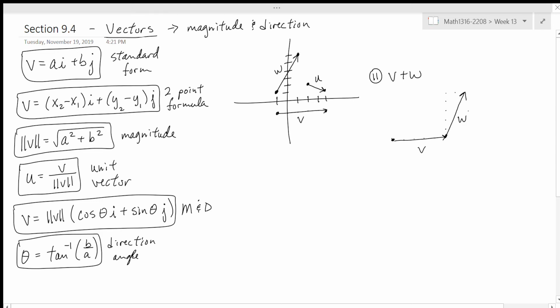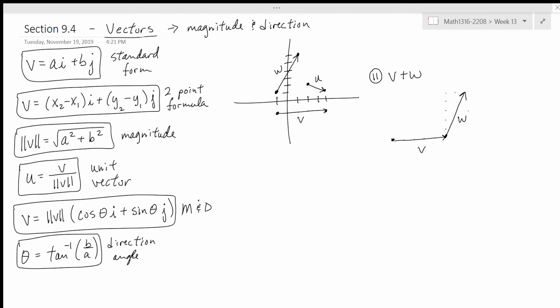And there's W. Do y'all see what I did there? I think it's called the tip to tail method. But whichever vector is first, you lay that vector out, and then you attach the tail of W to the tip of V. Yes or no?